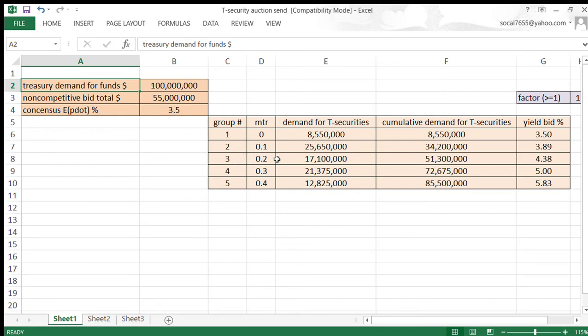The second group has a marginal tax rate of 10%, and as you saw in one of the other videos, the reason they're bidding 3.89% is if you earn 3.89% and you pay a 10% tax on the interest income, it's like you're earning an after-tax rate of 3.5%. So that is what is happening here.